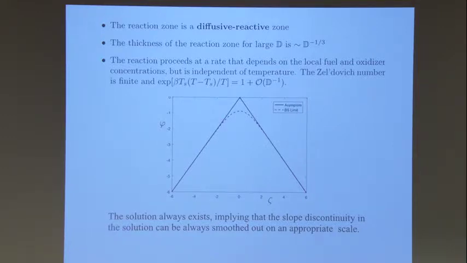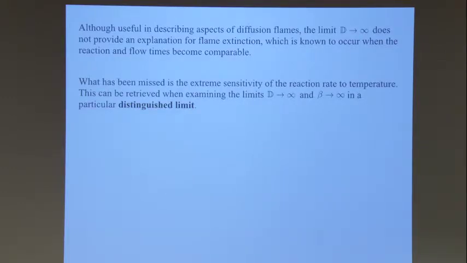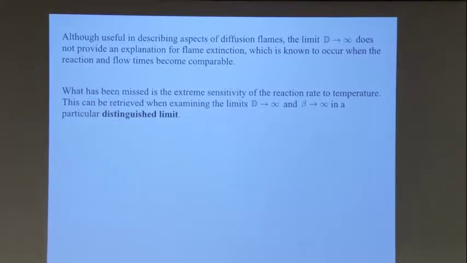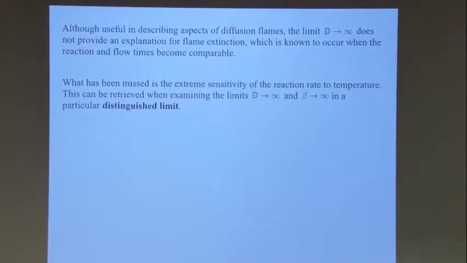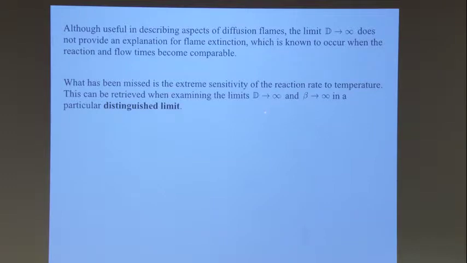So it's not, in a way, satisfactory, as I said earlier, because we expect that maybe the problem described under some condition, extinction happened. And so this was discovered later, and the pioneer work in this is Amable Liñán in Spain. Liñán identified, even though before that Fendell, as I have told you, had solved the problem numerically, an appropriate distinguished limit to be able to describe the structure properly.